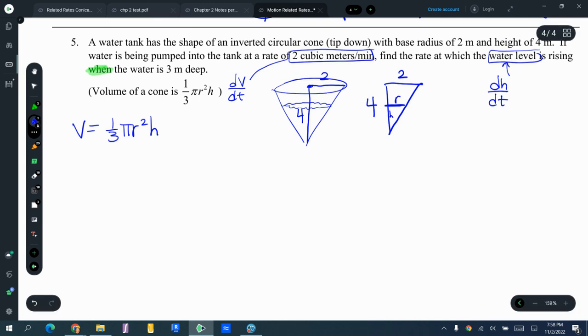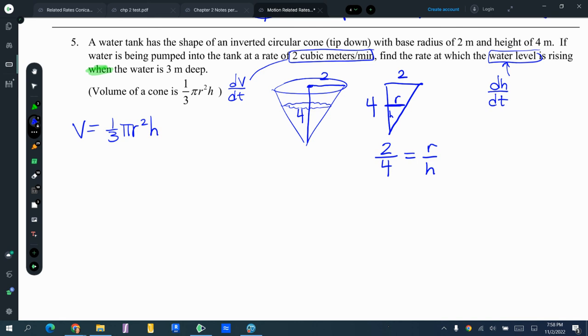We're going to use the cone and the similar triangles. The base of the cone is to the height of the cone as the radius of the water is to the height of the water. Now you're trying to end up with a dH/dt, which means you want to get rid of your r's in that primary equation. So let's solve for r.